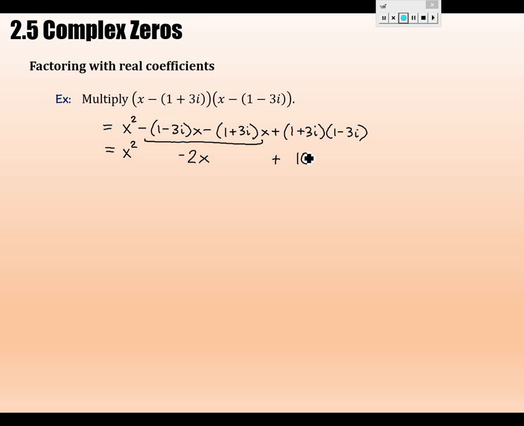Right? So I want you to start seeing the structure. I have it actually revealed for you down here. This will always happen. If these are complex conjugates, this will always be how this feels. You'll always get twice a here, times x. And over here, how do we get 10? Can you give me a general rule if you have a plus bi and a minus bi?